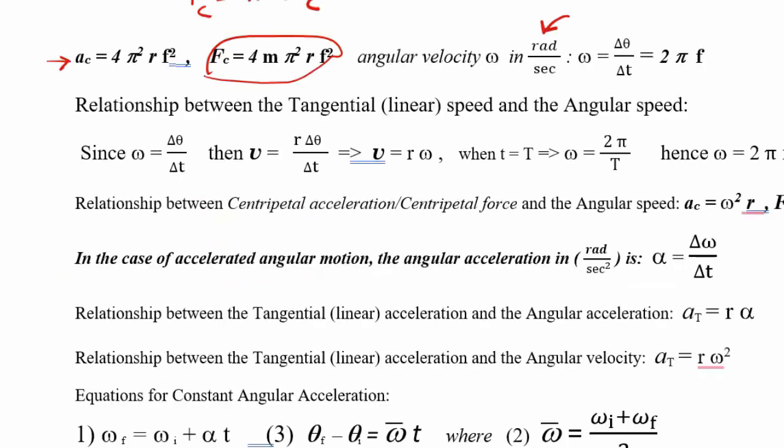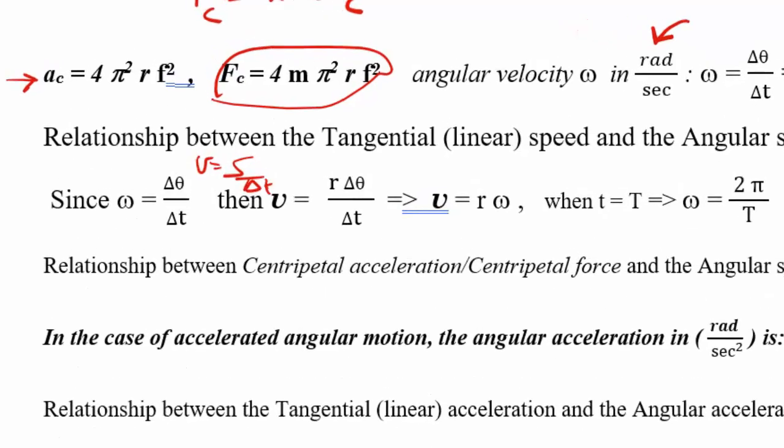Now to put everything here together, since the angular velocity is the change in the angle over the time taken, recall v is s over delta t, where s is the arc length, r times the angle. So basically v is r times delta theta, where theta is the angle, over delta t, which will give you this equation here.